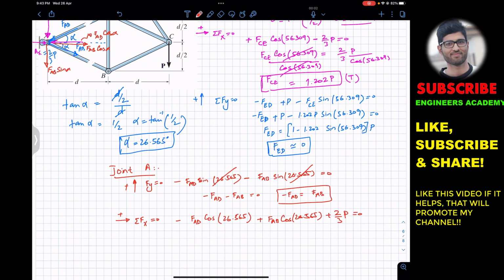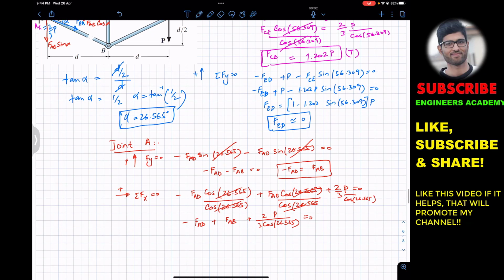So now if I divide this whole equation by cos of 26.565, we will have minus FAD plus FAB plus 2 divided by 3 cos of 26.565 P, and this is equal to 0.